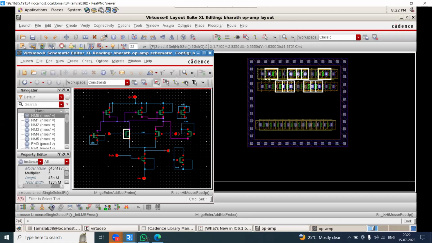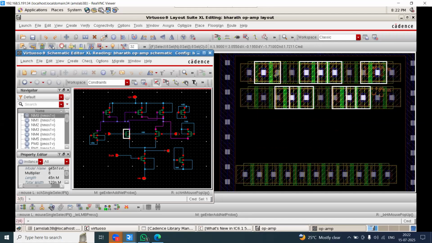Okay, this is a pattern. A, B, B, A. It means 4 A's in one row, and 4 A's in another row. Total 8 multipliers. 4 B's in one row and 4 B's in another row.